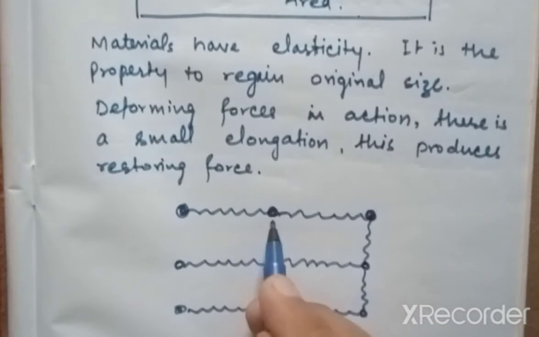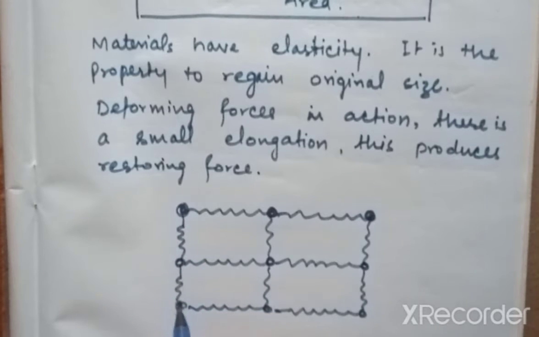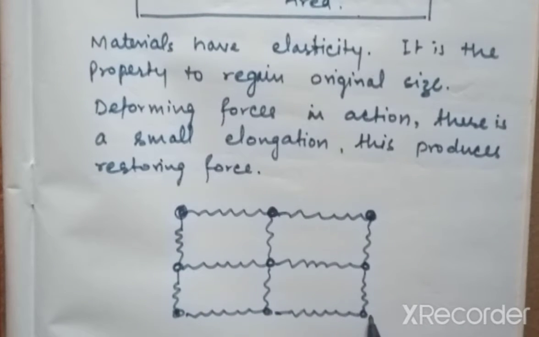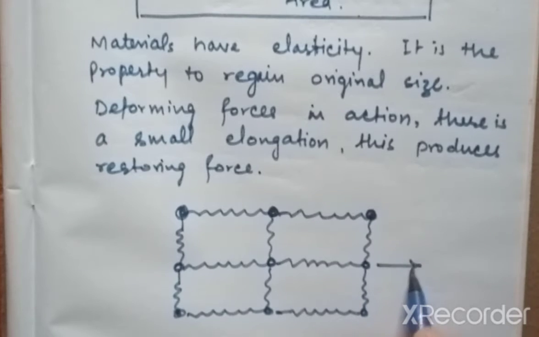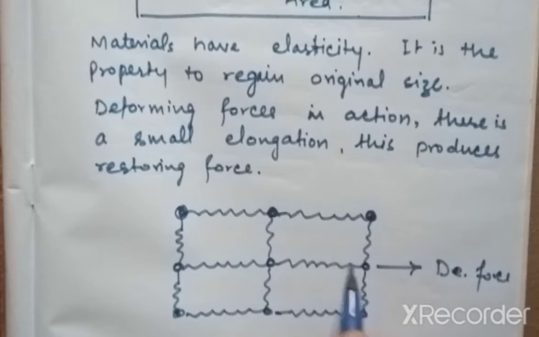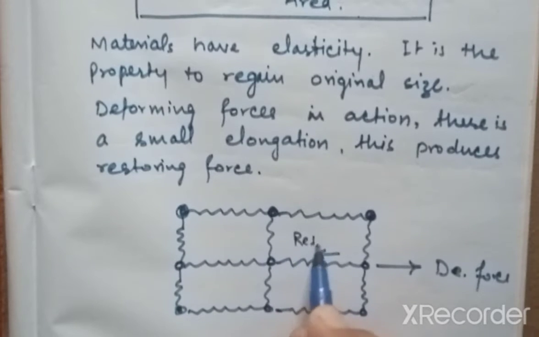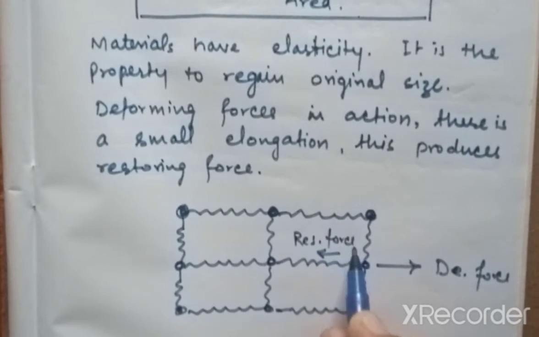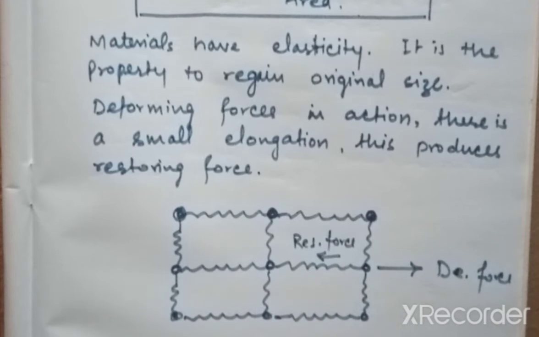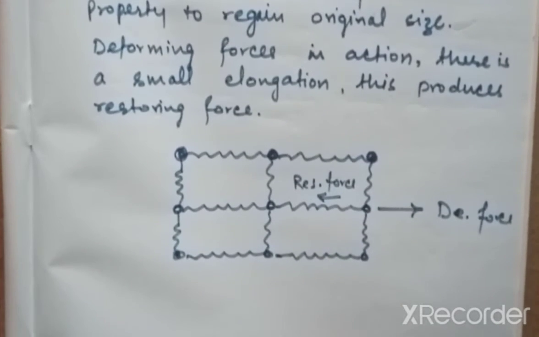Springs are in all the directions. From any direction, if this material is pulled by the deforming force, then these springs are pulled, and opposite to the deforming force, a restoring force is developed. Hence, the body has an elasticity and is able to restore itself.